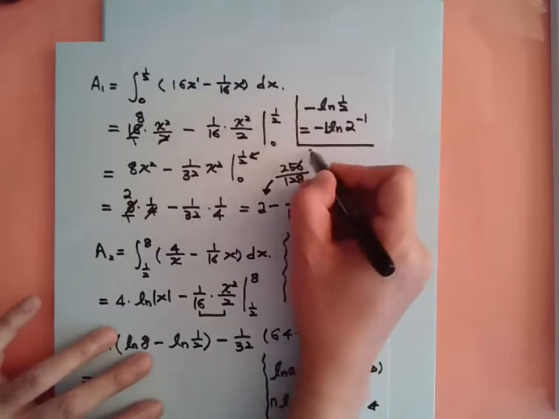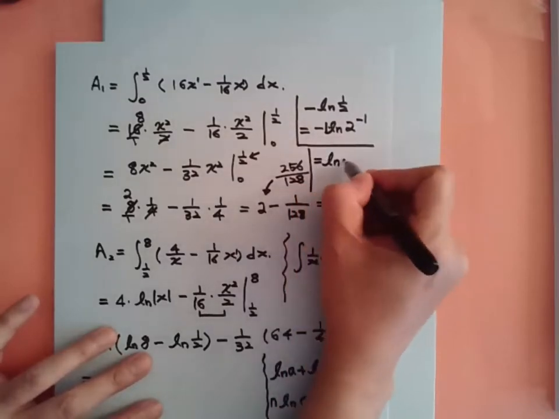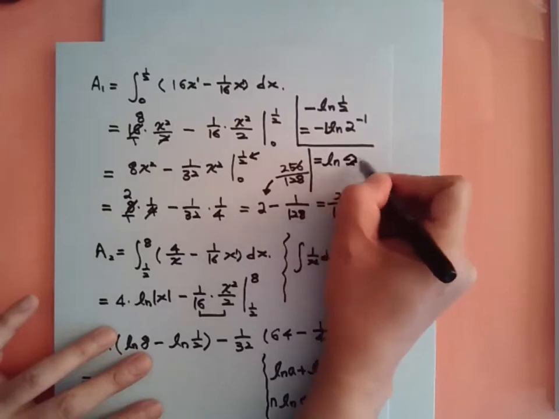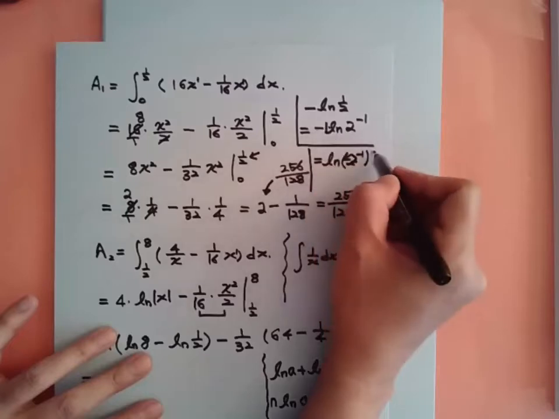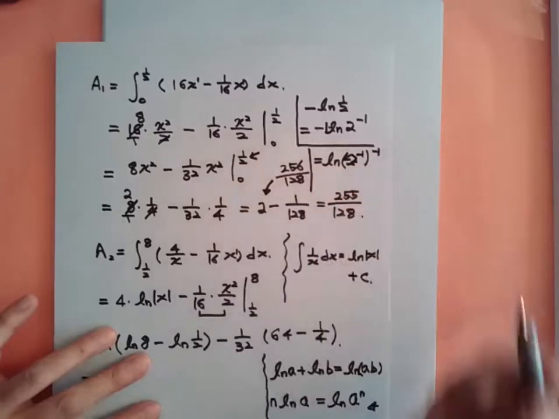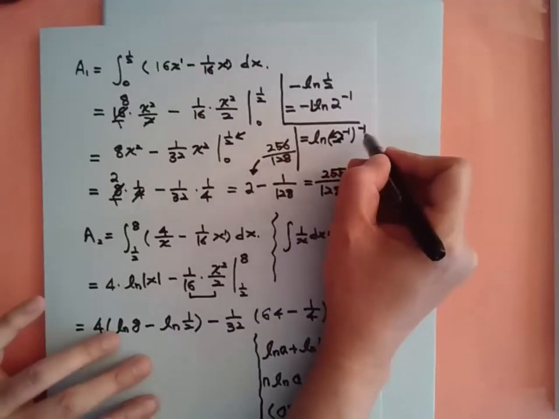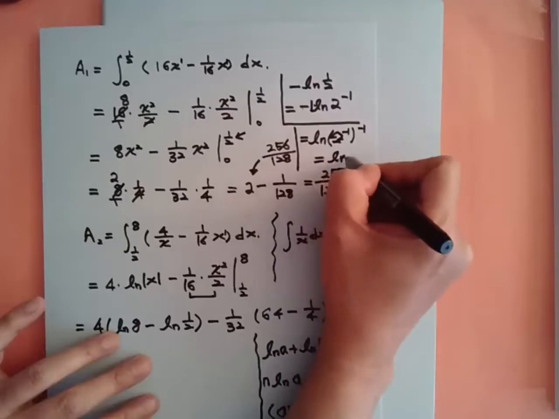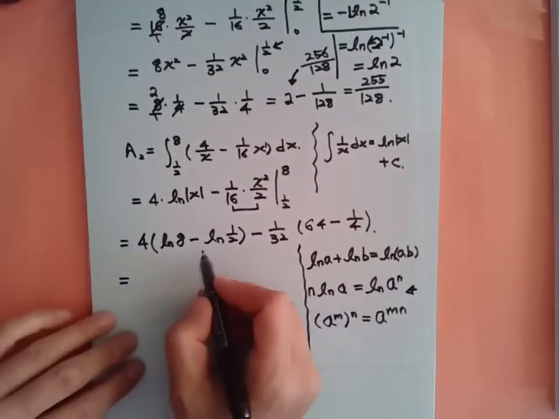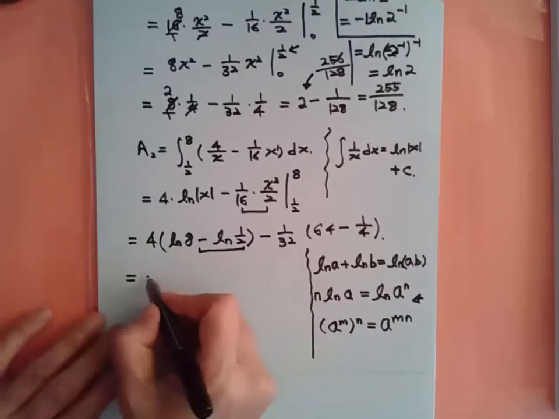And so that equals natural log of 2 to the minus 1 power, and we raise that as a power here. And then we apply this formula. Then minus 1 times minus 1 will make 1. So that becomes natural log of 2.